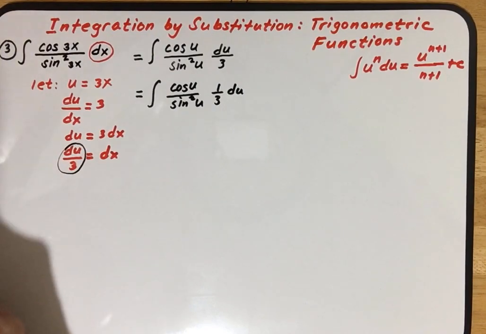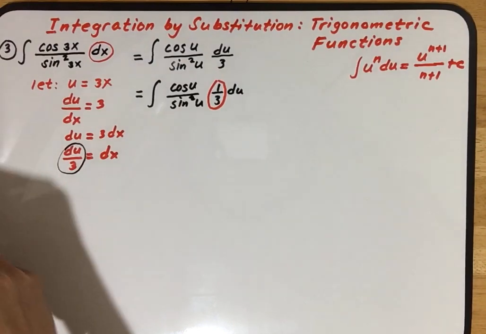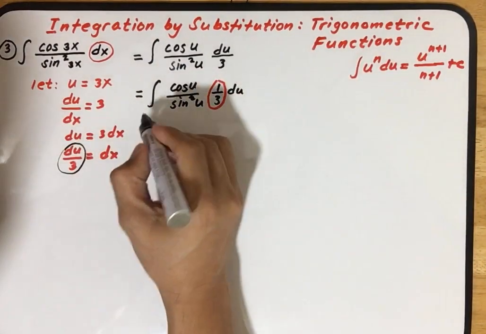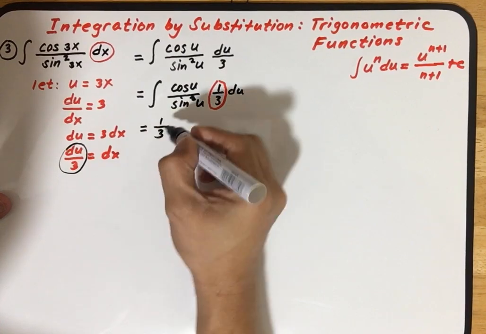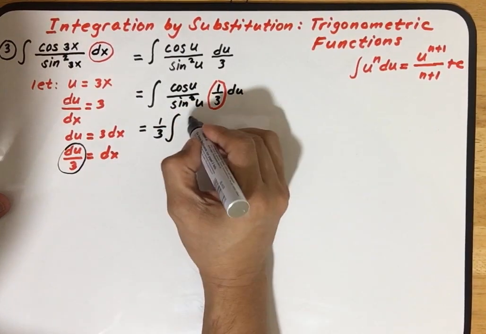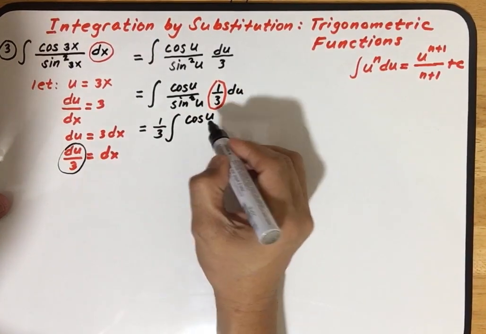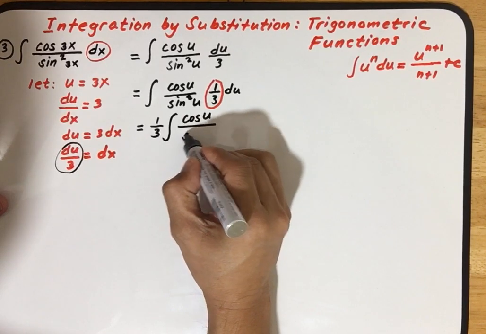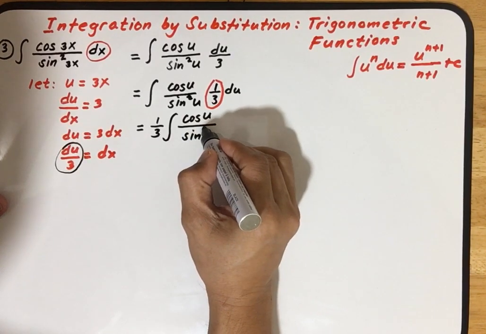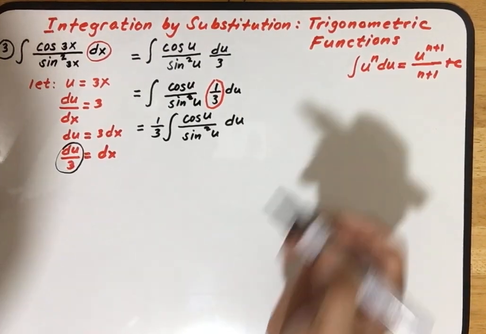Then putting this constant on the left side of the integral sign, we have 1/3 times the integral of cosine u divided by sine squared u times du.